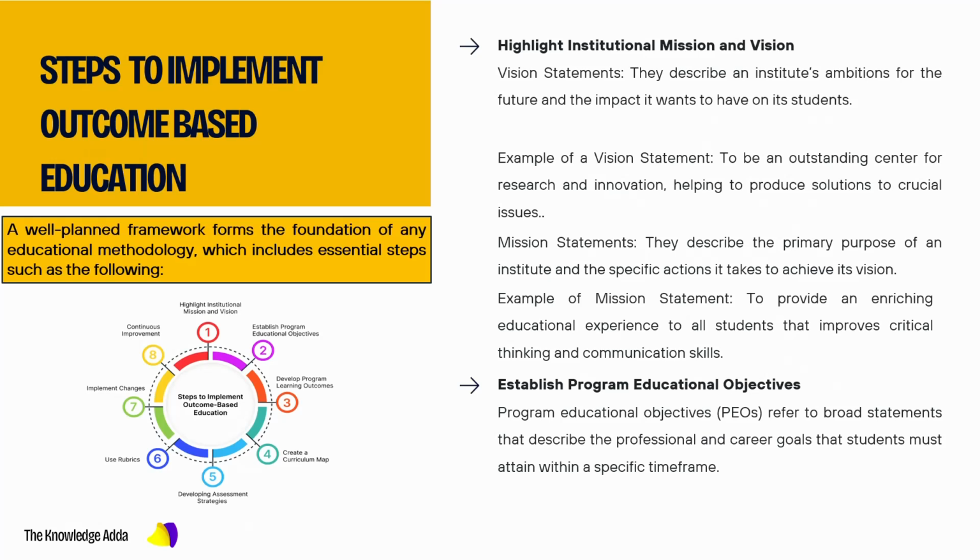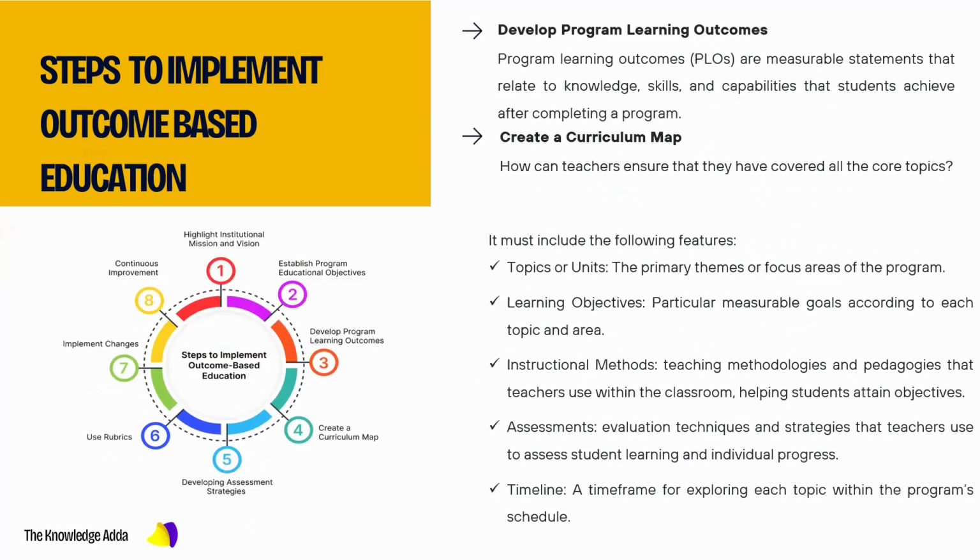Now, talking about the second step, that is PEO, meaning program educational objectives, which refer to broad statements that describe the professional and career goals that students must attain within a specific time frame. Third one is develop program learning outcomes, meaning PLOs are the measurable statements that relate to knowledge, skills and capabilities that students achieve after completing a program.